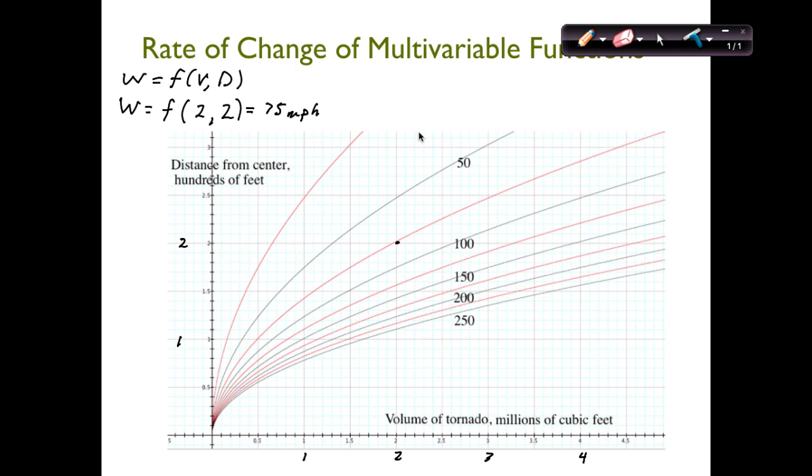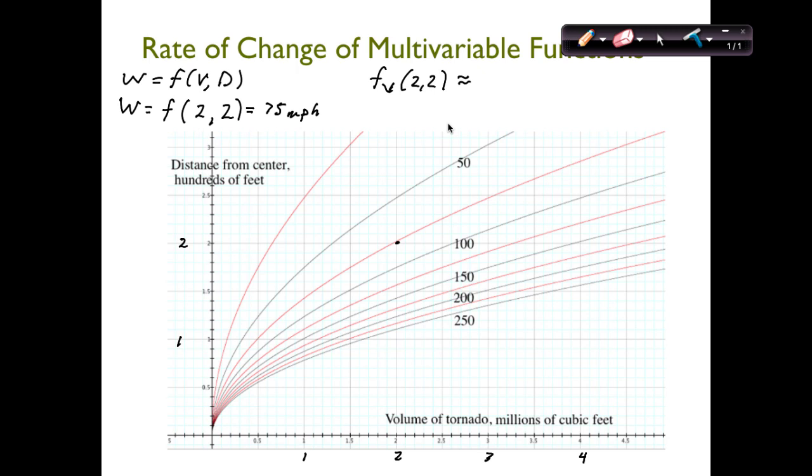Okay, so then what would it mean to estimate, using this contour plot, the partial with respect to v at 2, 2? So at that same point, what's the partial derivative with respect to v at 2, 2? What would we need to do that?